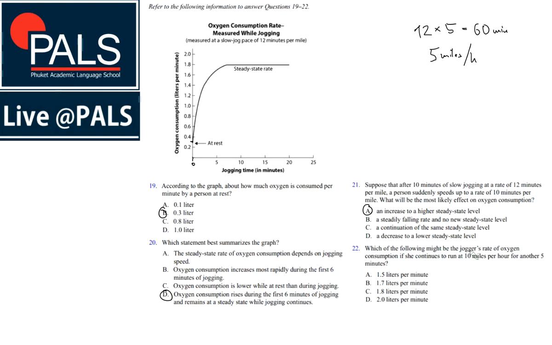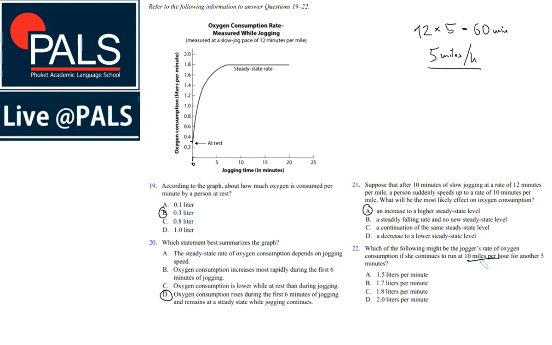So which of the following might be the jogger's rate of oxygen consumption if she continues to run at 10 miles per hour for another 5 minutes? So we can see that running at 12 minutes per mile, she runs 5 miles per hour.